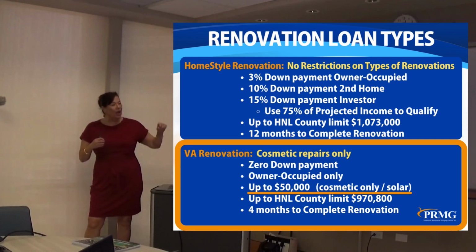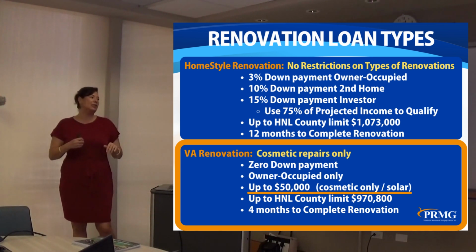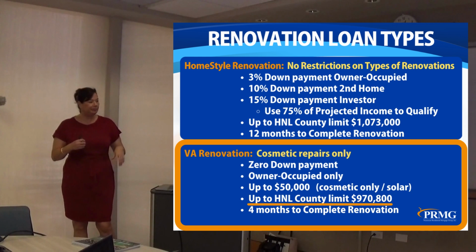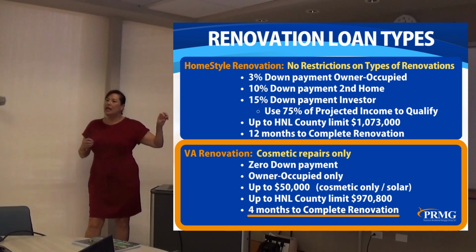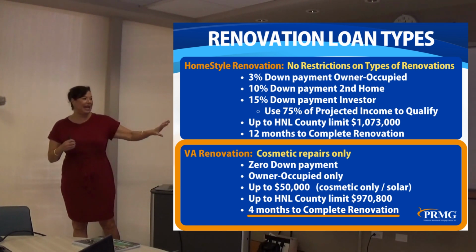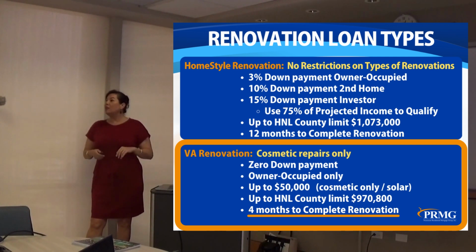So the VA home loan, they can customize up to $50,000 with cosmetic or solar and still have that zero down payment capability. Honolulu County for VA loans, $970,800, and because you're just doing some cabinets, some flooring, some painting, a little bit of solar, we've got 4 months to complete on this renovation loan.